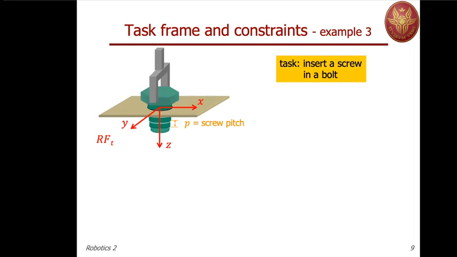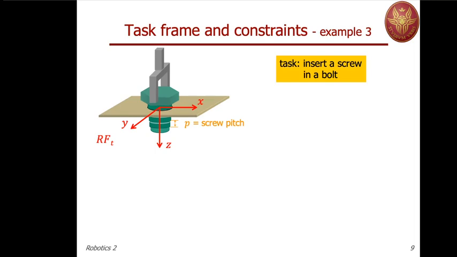Now, you know that there are several standards for building screws, so that you can use them all over the world. And one of these parameters is the so-called screw pitch. So it's the distance between one spiral and the next one along the screw, for instance, 0.5 millimeters. Of course, you can use Anglo-Saxon units in this case many times.